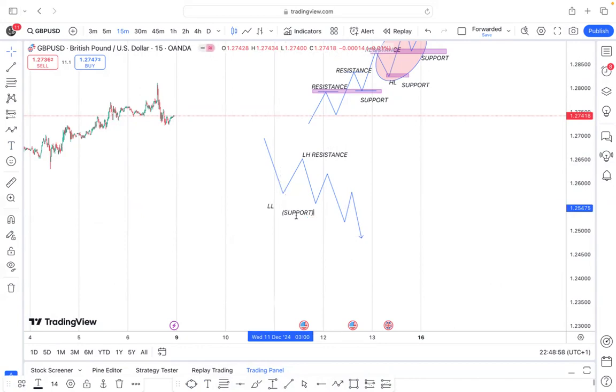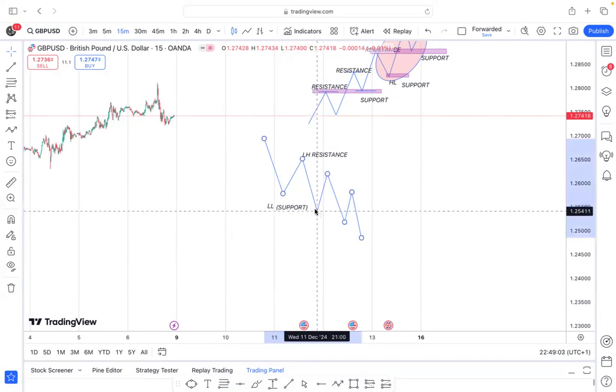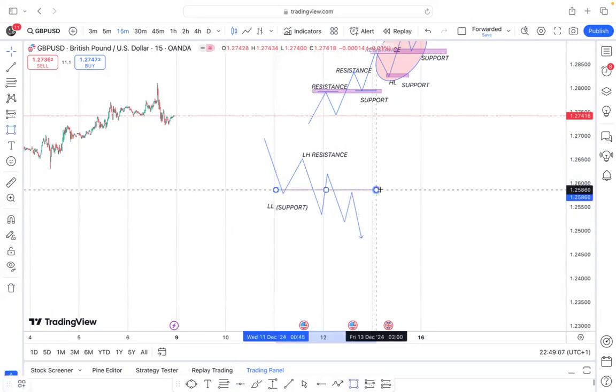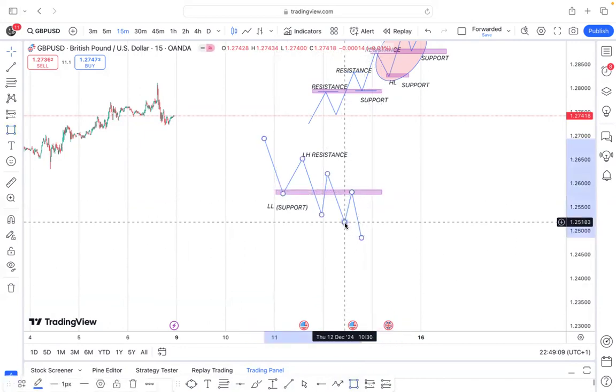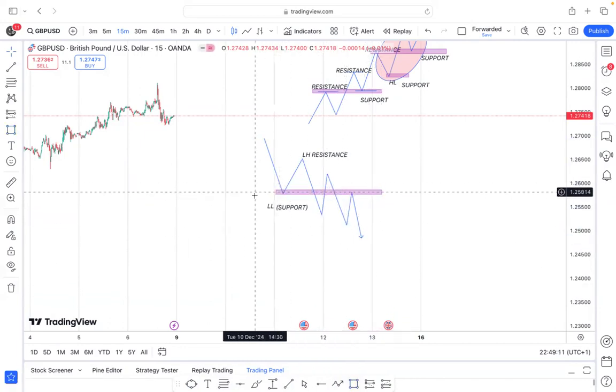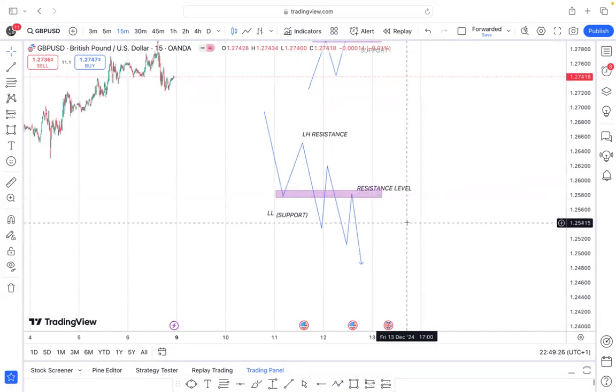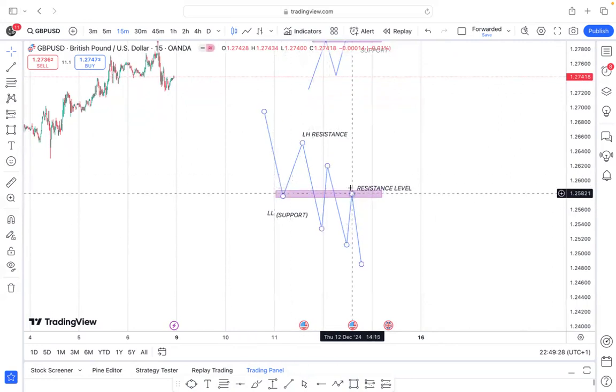Price has to break that level. This support level, price broke it. Once a support level is broken, price may come back in the future and use it as a resistance level. Meaning price just changed this support level to a resistance level.